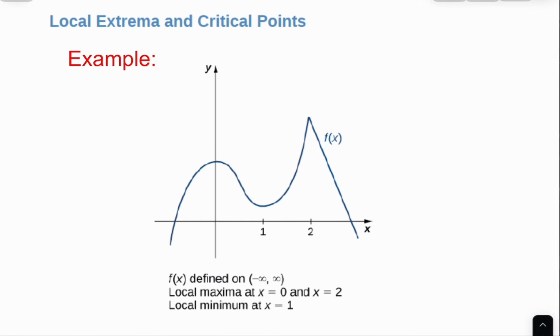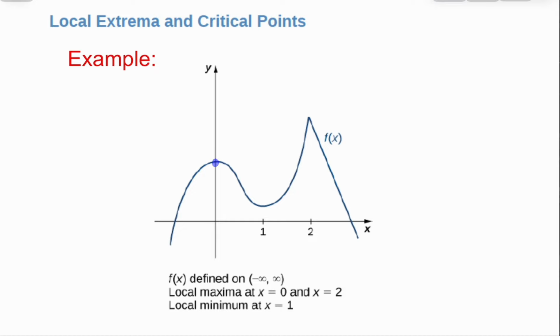So here's an example. We have a function, it's continuous, and there is a maximum at an x value of 0 that is local. Here's a local minimum. Here is an absolute maximum because it is higher than every other point in the function. There's no absolute minimum if we assume these are going downward.